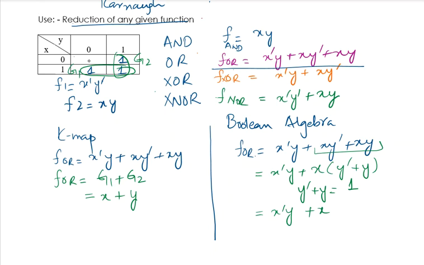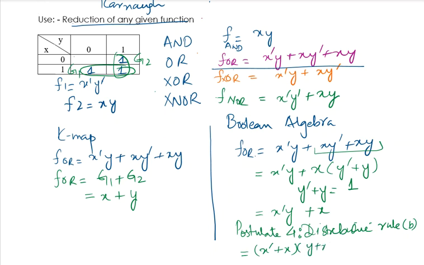Now I would be using postulate 4 of Boolean algebra, which is the distributive rule, and I would be using the b part of it. So this equation could be written as x dash plus x into y plus x.